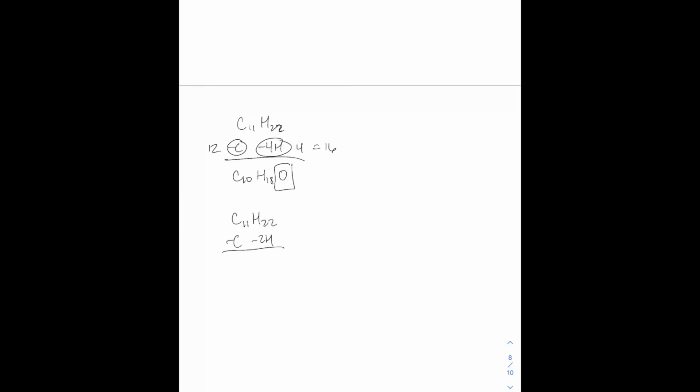And so that would give us C10H20 with a nitrogen compound, okay? And again, if we want to propose the validity or suggest that this is a valid structure, we want to make sure that this is in the realm of possibilities based off of degrees of unsaturation, and or in this case, saturation.